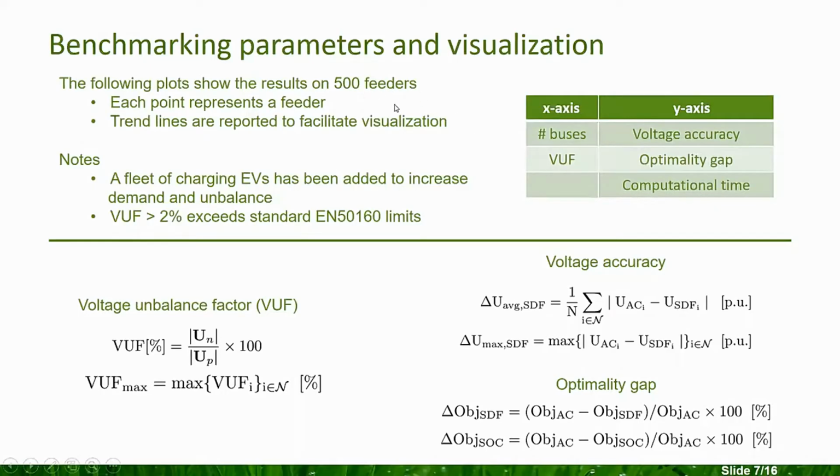Each point represents a feeder, and trend lines are reported to help visualization and to help draw general conclusions. To the current power demand made available by the DSO, we added a fleet of charging electric vehicles that makes it more interesting as it increases unbalance and recreates a potential future scenario.